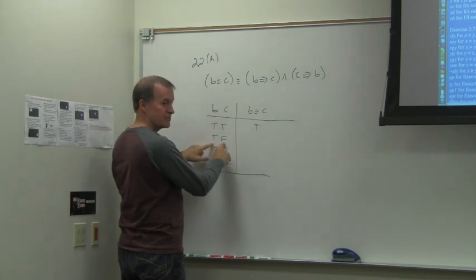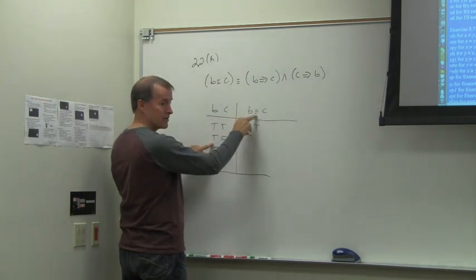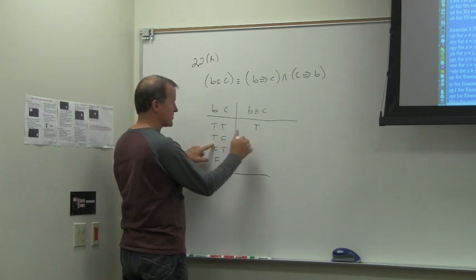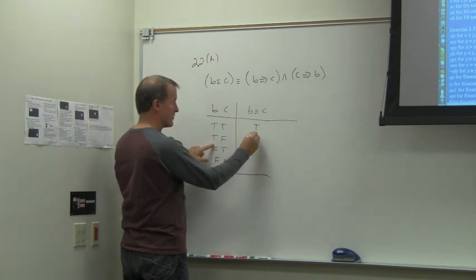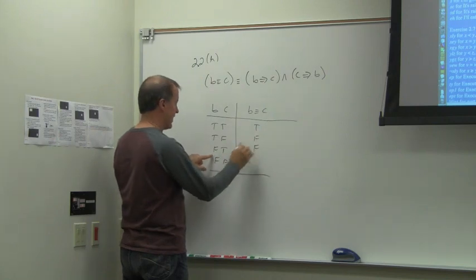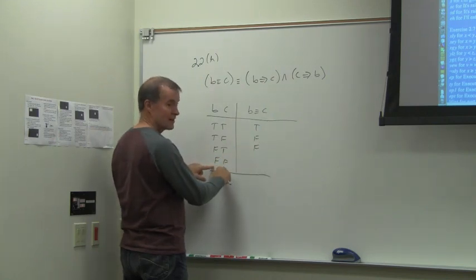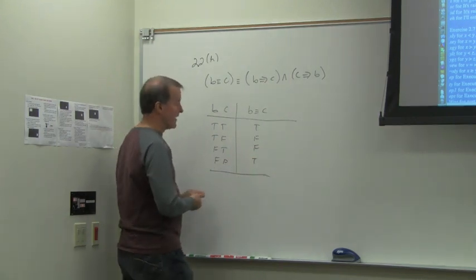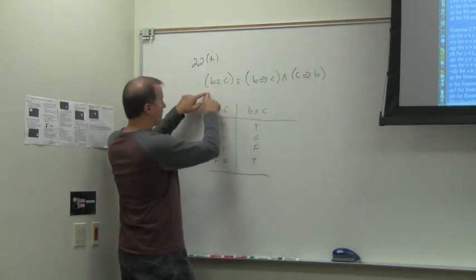Is that true? No. Now do you remember the truth table for equivales? How did the equivales work? If they're the same, it's true. If they're not the same, it's false. Okay, so true equivales false. That's false. Are you with me? And then false equivales true. That's false. And then false equivales false. That's true. All right. So we did that for this one.